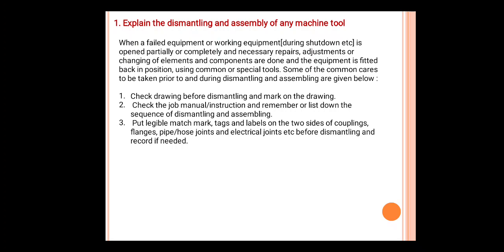Third, put legible match marks, tags and labels on the two sides of couplings, flanges, pipe hoses, joints and electrical joints, etc. This avoids confusion during dismantling and assembly.